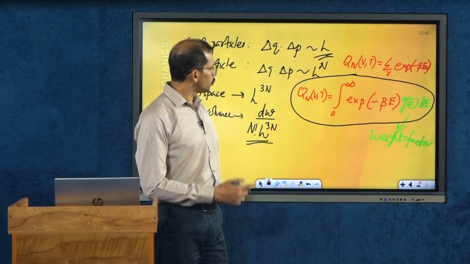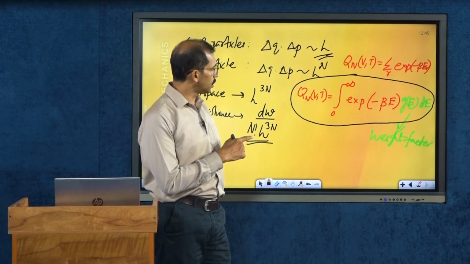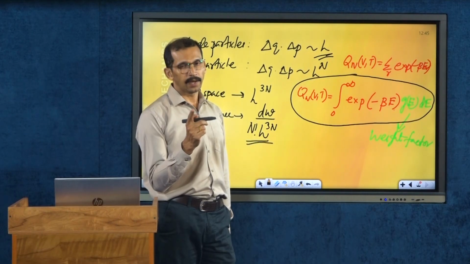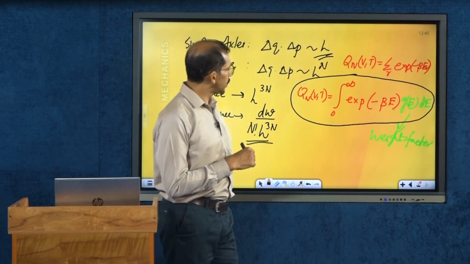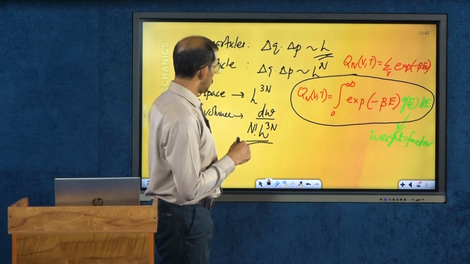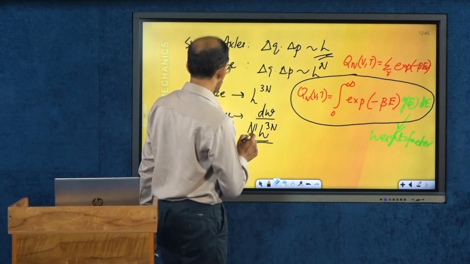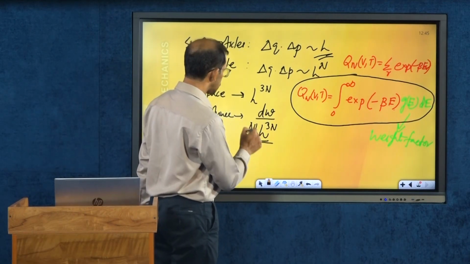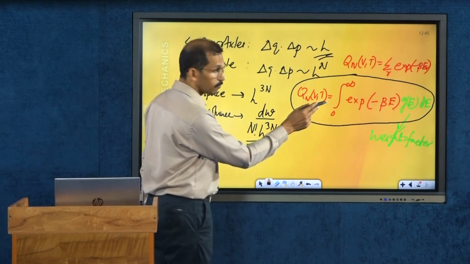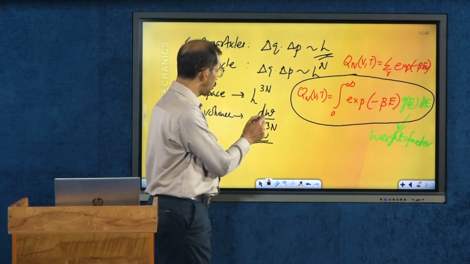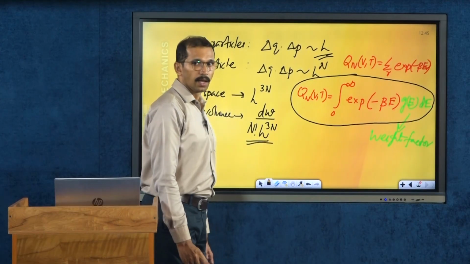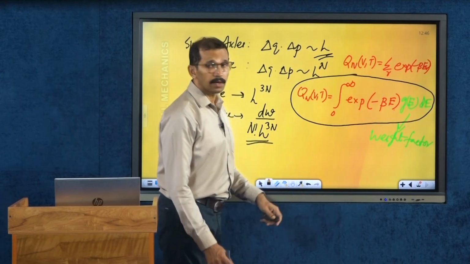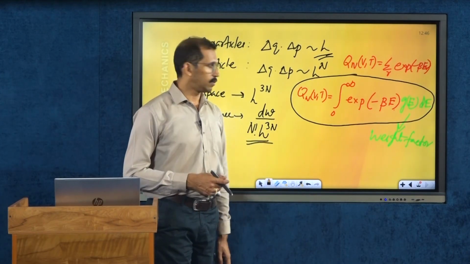So now we need to introduce this equation into our calculation for the classical 3D ideal gas system. We have the degeneracy as this one, which means that instead of g dE, I can put d omega by N factorial h raised to 3N, and instead of E, I can write it in terms of the Hamiltonian, right?